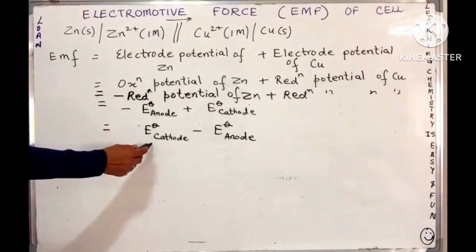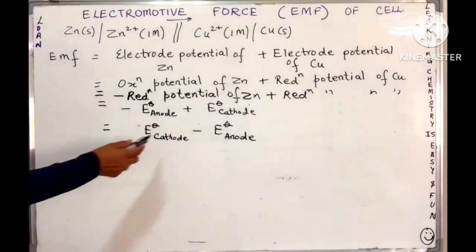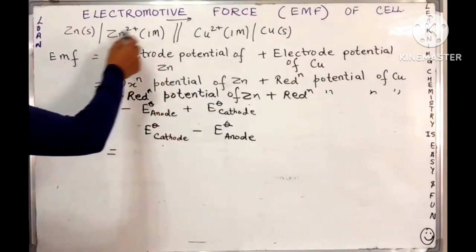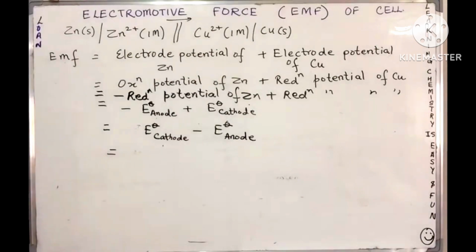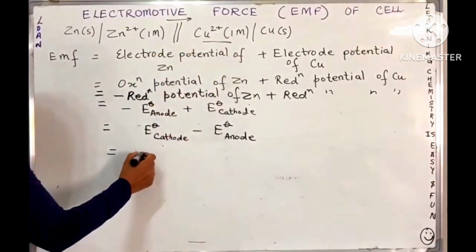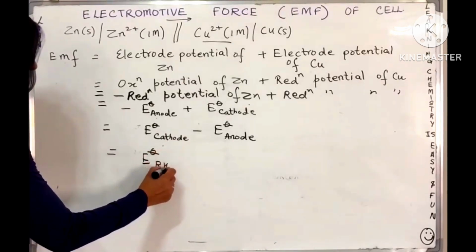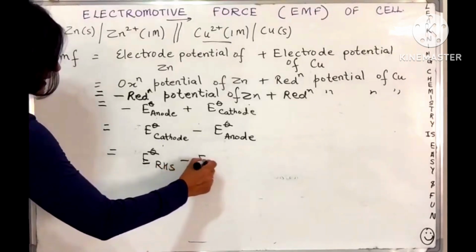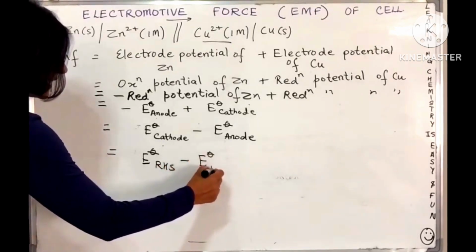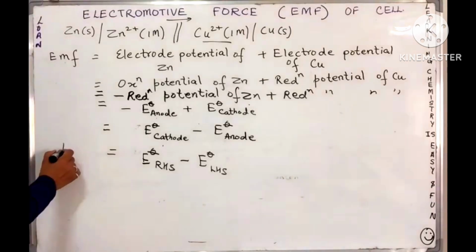So E naught cathode minus E naught anode. Now cathode, which side are we representing the cathode on? Perfect, we are representing it on the right hand side. So I can also say E naught of the right hand side minus E naught of the left hand side in the cell representation, not in the diagram, but in the correct cell representation.